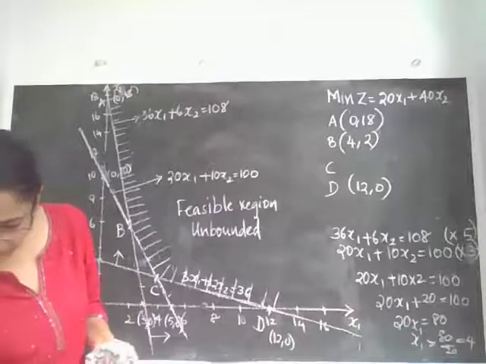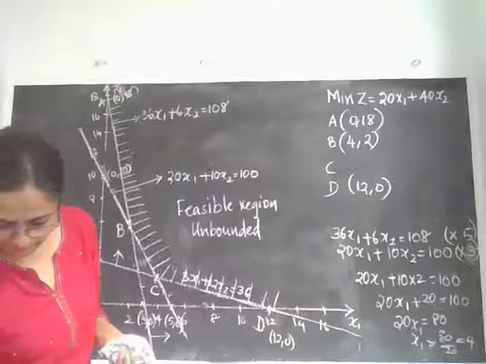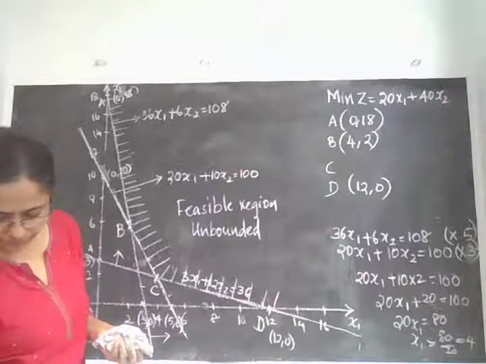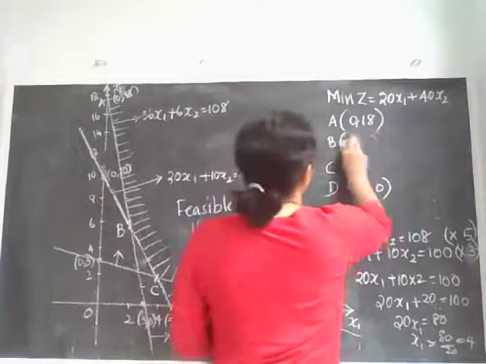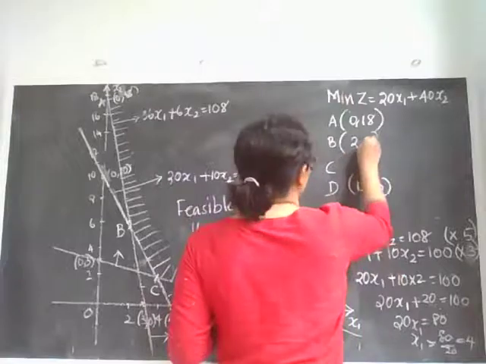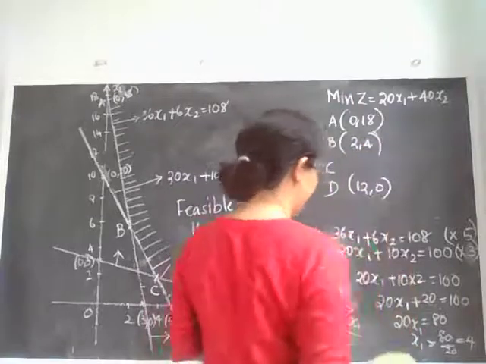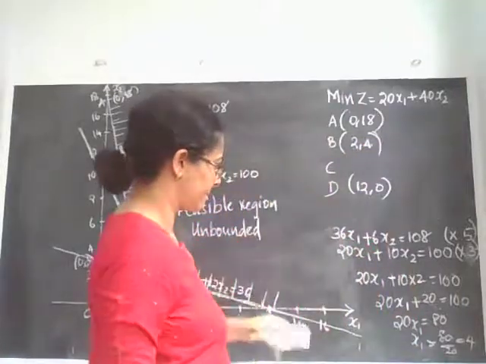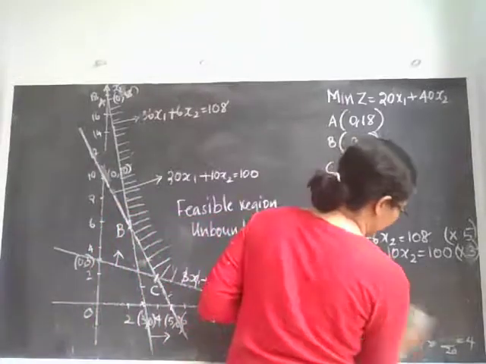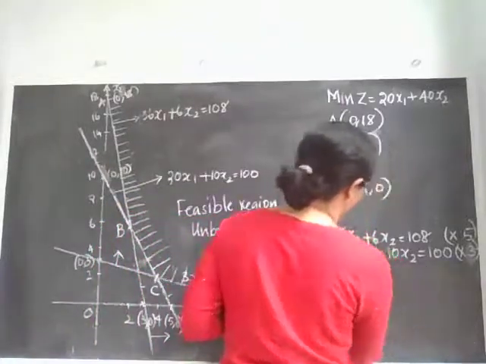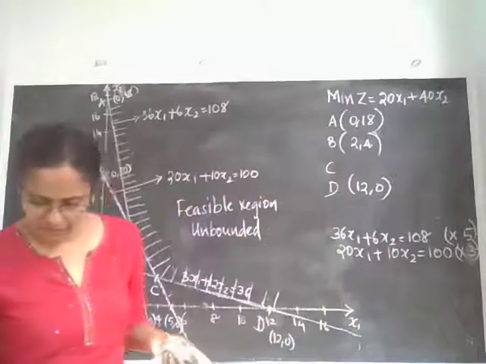Did I do wrong? x1 is equal to 2 and x2 equal to 4. But I didn't teach it.